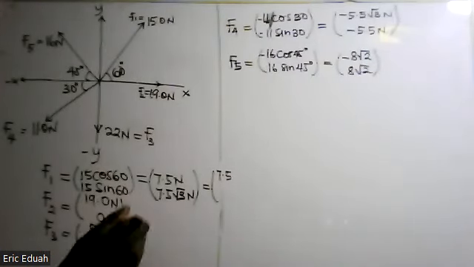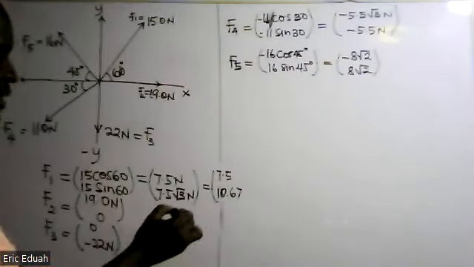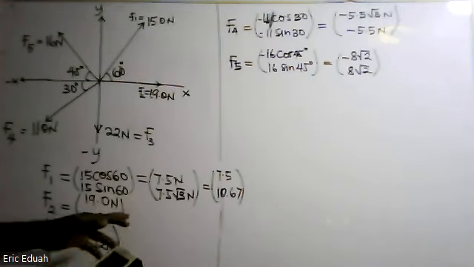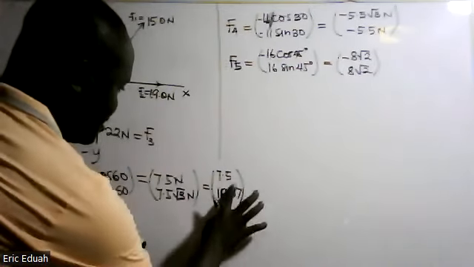Let me also confirm. I have my calculator here. 7.5 root of 3. This is 12 point, so approximately 13.